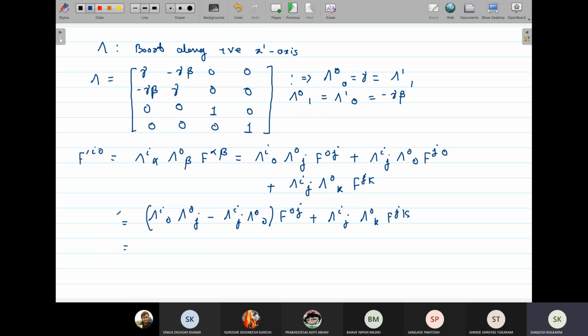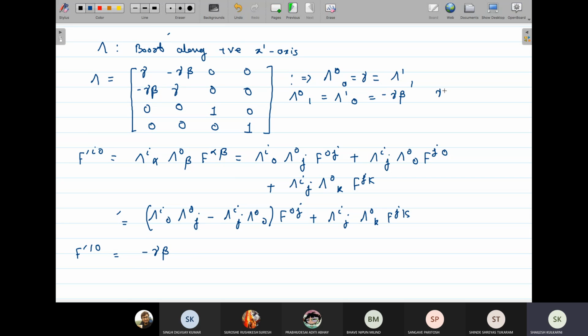So let us fix now i. i is your floating index. Let us suppose that I want to calculate F prime 10. So this is equal to lambda 10, lambda 0j. Here it will be lambda 10. What is lambda 10? It is minus gamma beta.